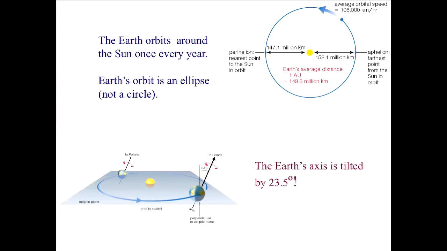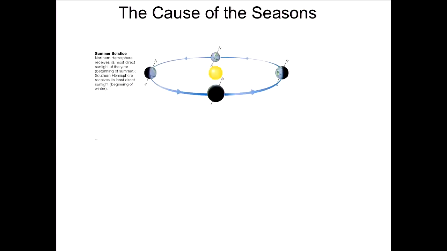The tilt axis here is 23.5 degrees to the perpendicular to that plane. And so here's what happens. During the year, during 12 months, there's the sun, and at times the Earth has its north hemisphere, the North Pole, tilted 23.5 degrees toward the sun.